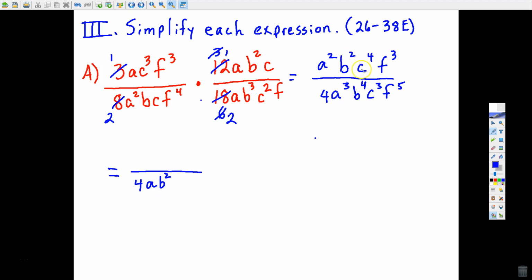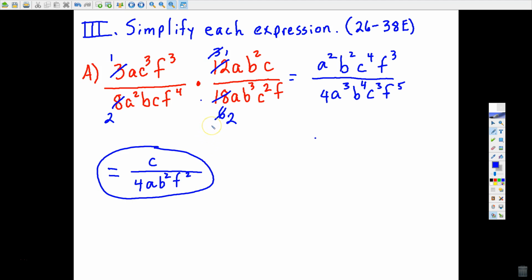Now it kind of switches. C to the fourth divided by c to the third makes c to the first, which is just c in the numerator. And putting these two together will make f squared in the denominator. 5 is bigger than 3. And so there is my answer for Roman numeral 3a.